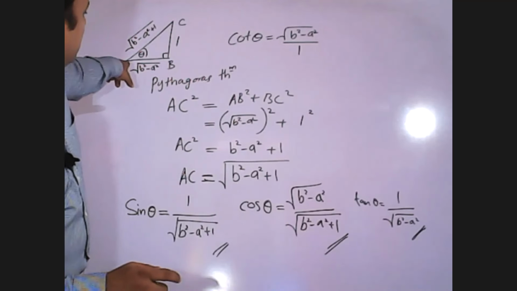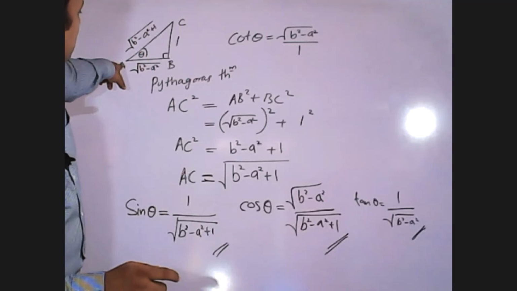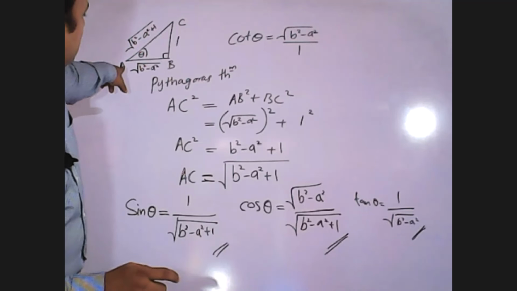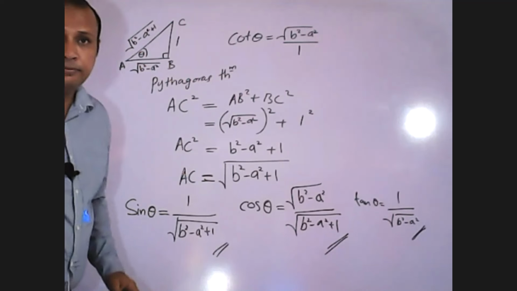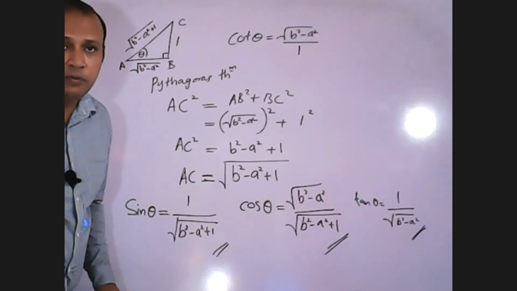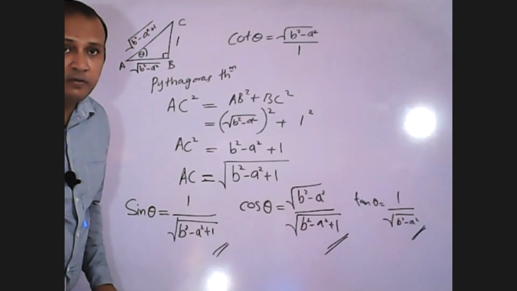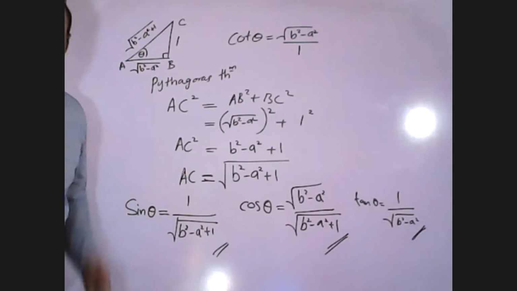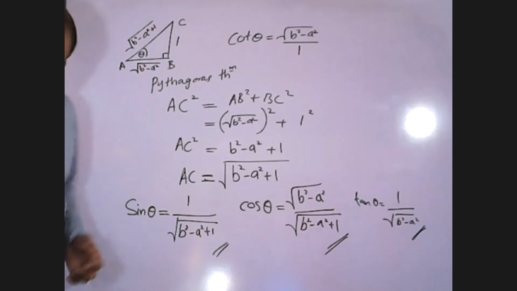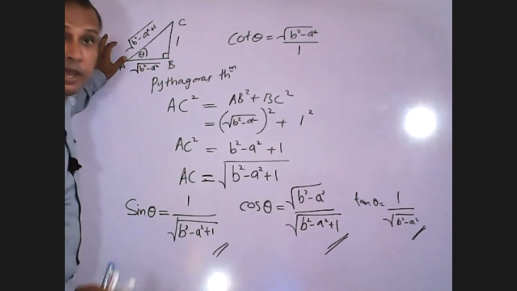Can't we take AC equals b minus a squared instead of the square root? Actually, we have to find the AC value. Then you should take the square root of this one.